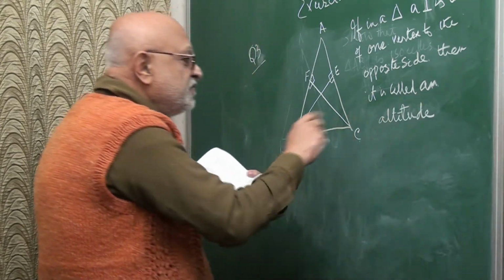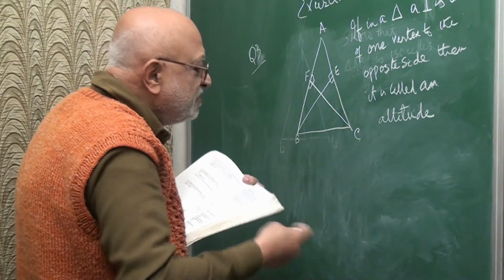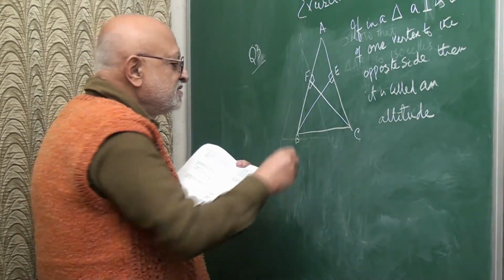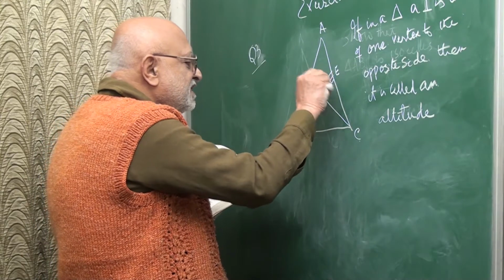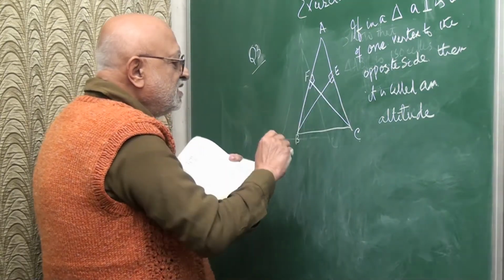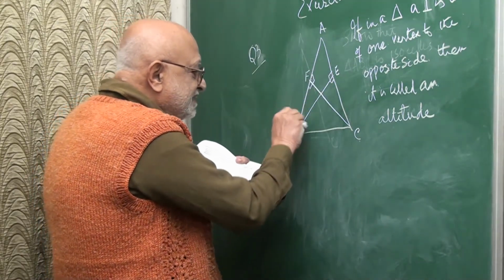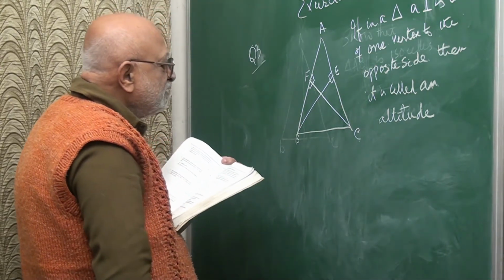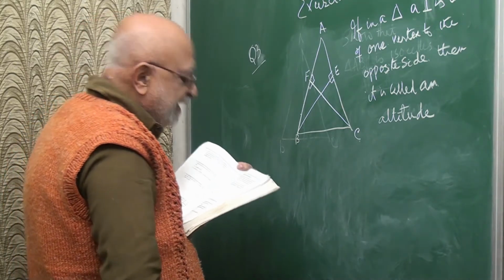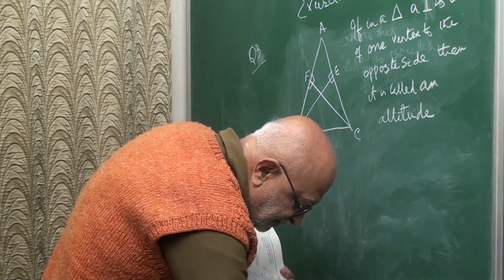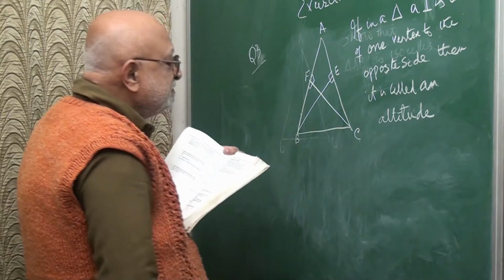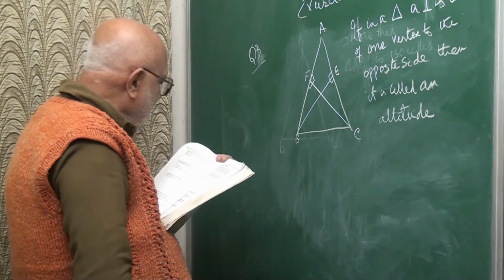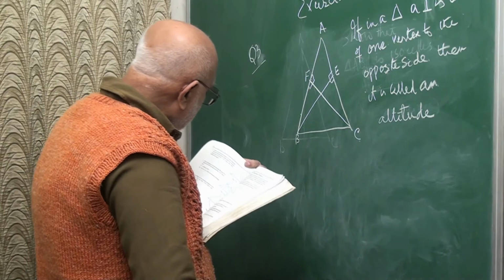So don't get confused. What is this altitude? Anyway, it's given that these are perpendicular and this is drawn. And it is not necessary that they bisect, so you cannot take that. Then what do we have to prove?